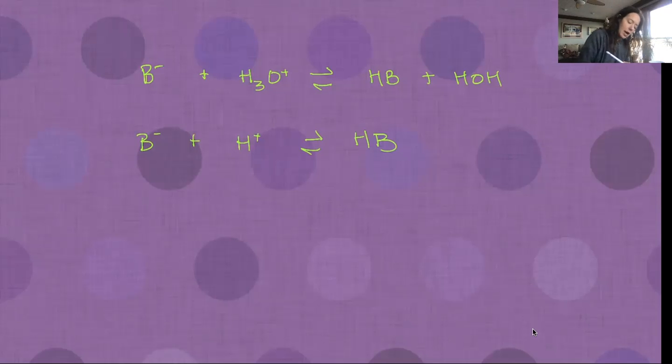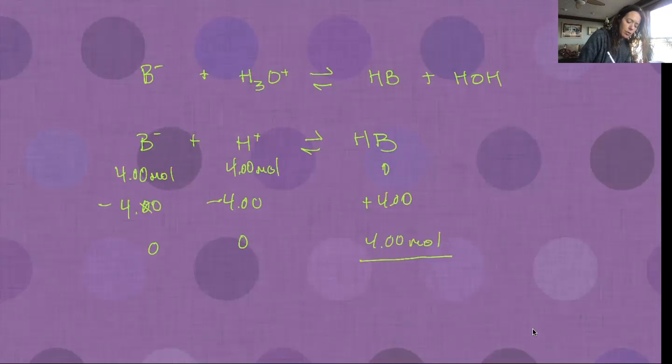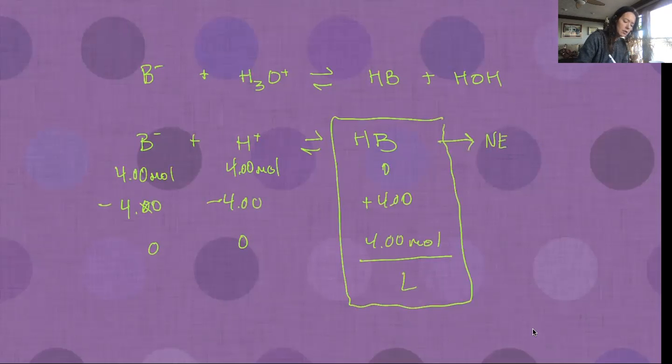But at the equivalence point, we would see this: 0, minus x, minus 4.00, minus 4.00, 0, 0, plus 4, 4. We would then get the new volume. This would need to find its new equilibrium position, so we would need to solve for what that equilibrium position would be.